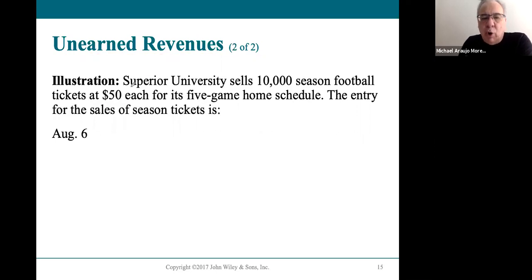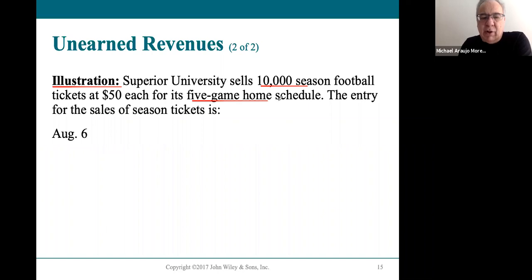So how would it work when you have all of that unearned revenue? Well, it works in the case of a football ticket here, one game at a time. So here it starts at the very beginning where this Superior University sells 10,000 season tickets at $50 each for a 5-game home schedule.